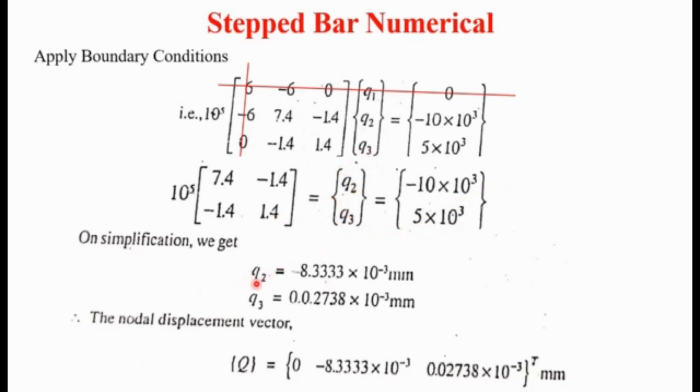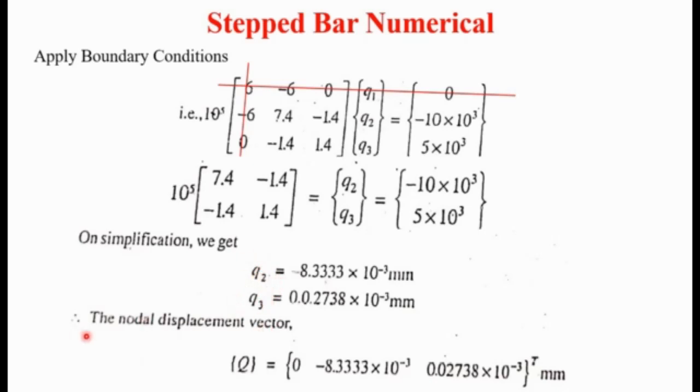The value of Q2 is equal to minus 8.33 into 10 raised to minus 3 mm, and similarly the value of Q3 is 0.02738 into 10 raised to minus 3 mm. These are the displacements at node 2 and node 3.